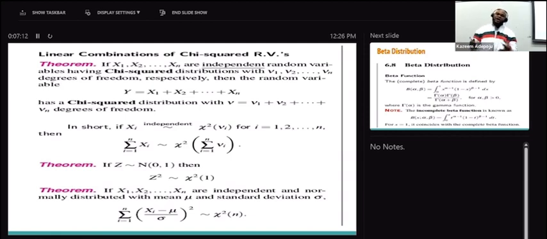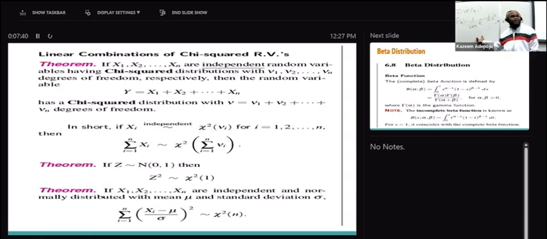But another way to get a chi-square is when I have a random variable z that follows normal distribution, a standardized normal distribution. The f of z is going to be 1 over square root of 2 pi, exponential raised to power minus half z squared, where z lies between negative infinity and infinity.